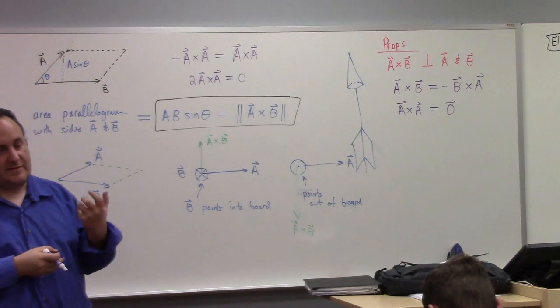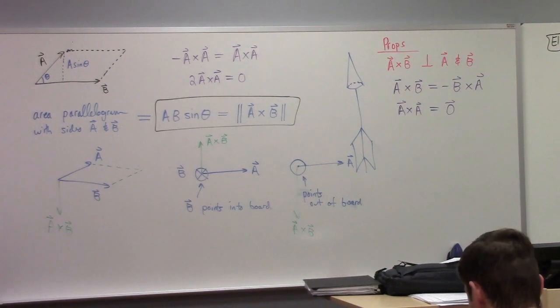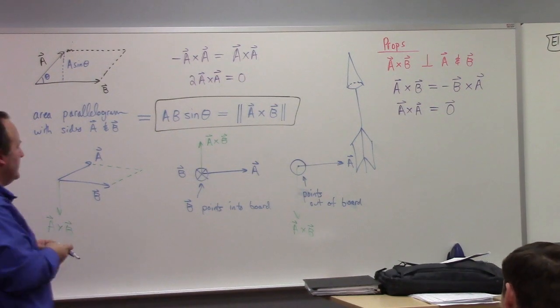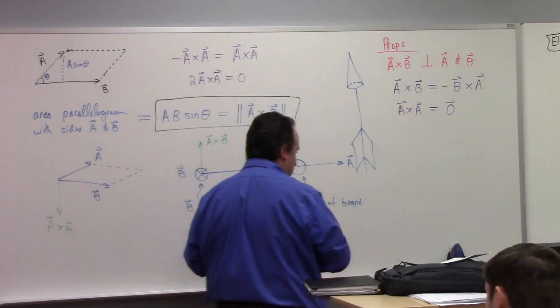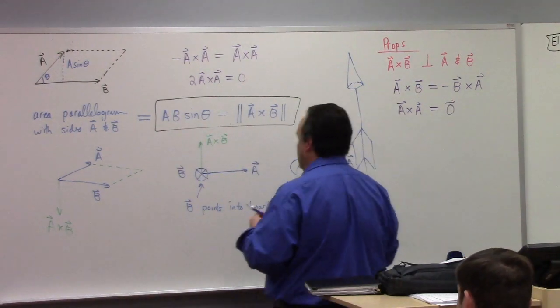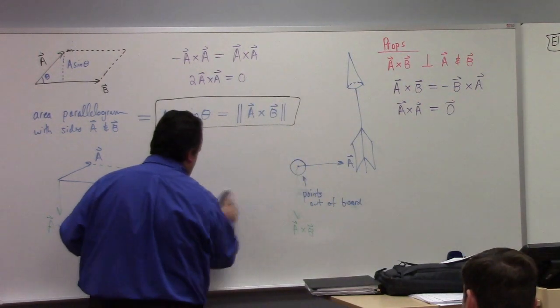I don't always write vector on it, but this is an important distinction to make. The cross product is a vector. In contrast, the dot product is a what? A scalar, right? Do you remember the formula for the dot product? I'm going to erase these right-hand rules.